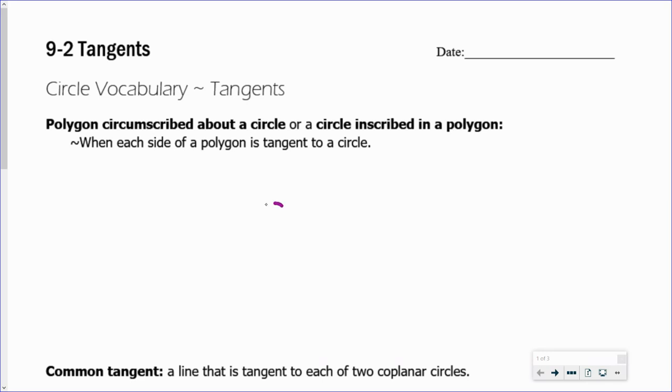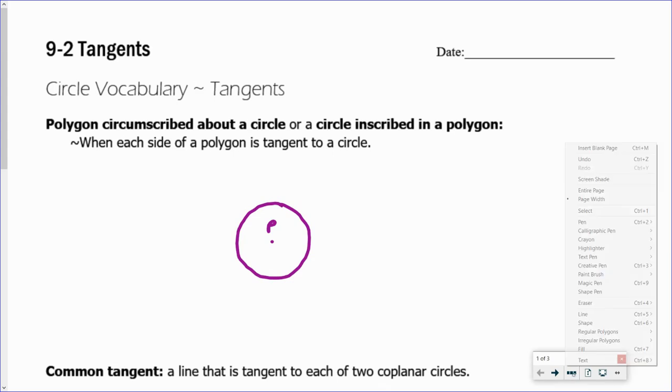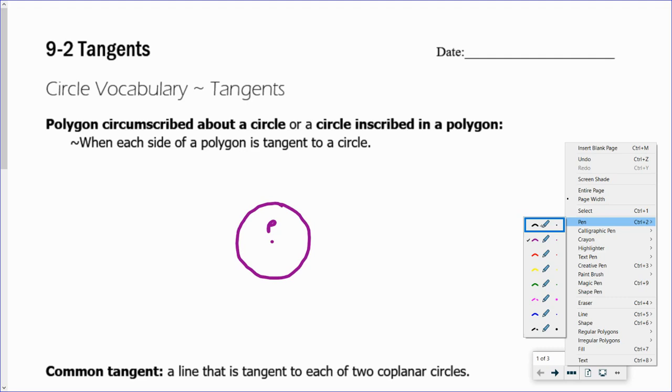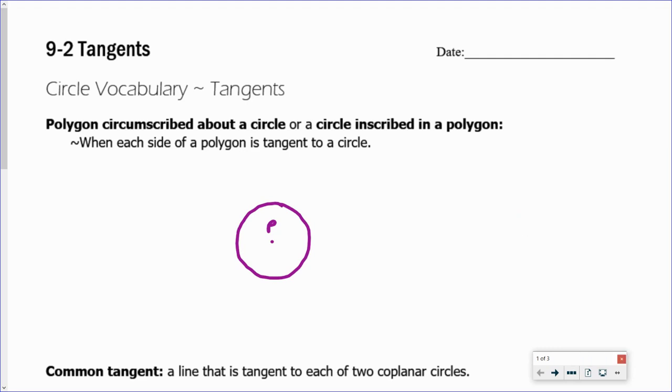All right, so if we have a circle, call it circle P. If we want to circumscribe a polygon about this circle or inscribe the circle in a polygon, I'll use a rectangle to illustrate this. What we have to do is make sure that each side of, in this case, the rectangle is tangent to the circle.